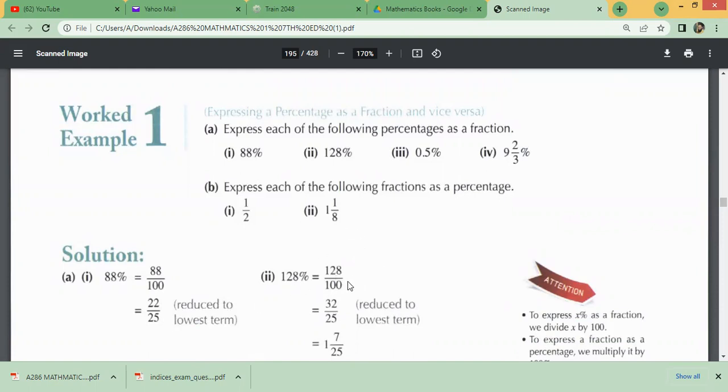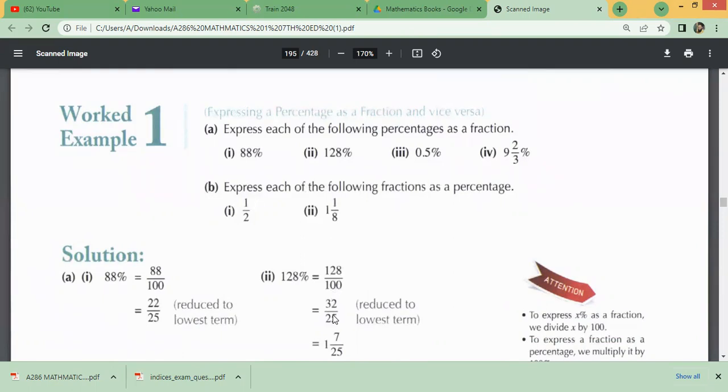Similarly, we have done all the other parts of this question. For example, this is 128%. We have to represent it as a fraction. So 128 divided by 100 is 32 upon 25 expressed in lowest terms.